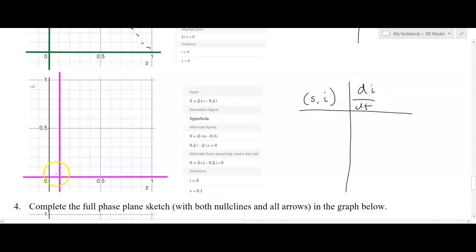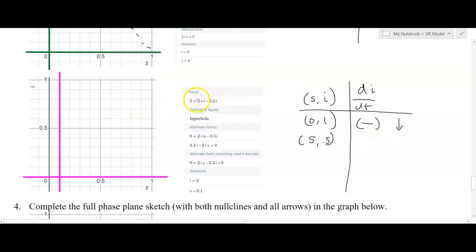So for instance, in this interval, I could pick like 0, 1. Let's go with 0, 1. That seems reasonable. So if I plug in 0 for S, this first term is 0, minus 0.2 times 1 is negative. So this is going to be a downward vector. And then at, let's say, 0.5, 0.5. It's okay to pick something like 1, 1. Just know that it's not a feasible value for our model, but it does fall within that top right quadrant.